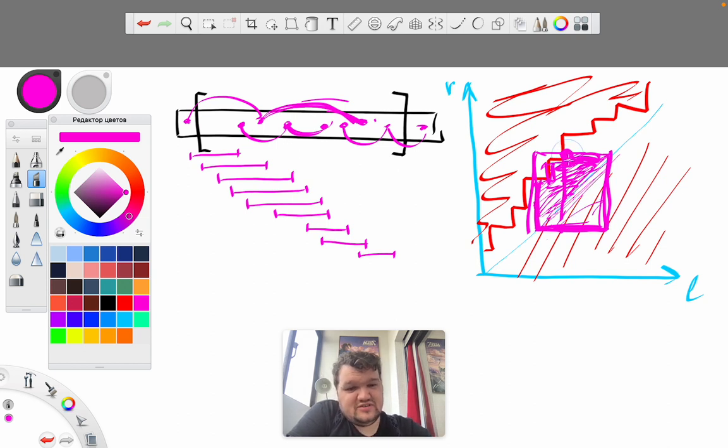This area will split into parts: here I'm just adding the area of this rectangle, and here I need to calculate the sum of heights of those steps, but they do not depend on the query. I will calculate the sum from the floor and then subtract this, and this is just pre-calculated prefix sums.